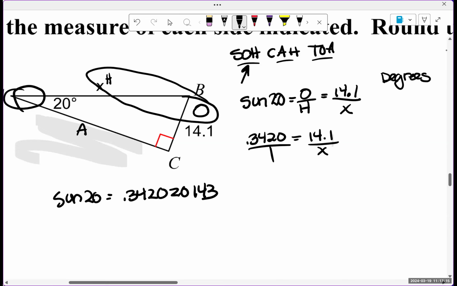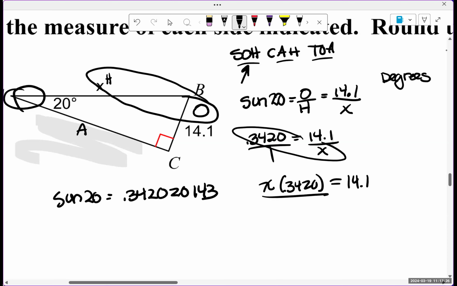Cross multiply: x times 0.3420 is equal to 14.1 times 1, and divide.